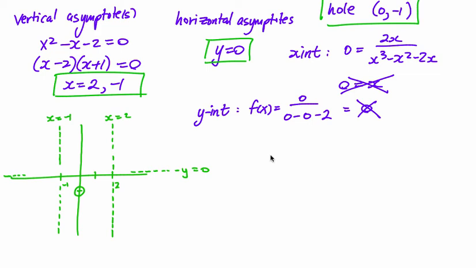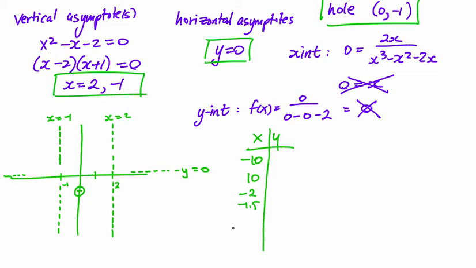And so now I go and create a table of values, and my suggestion is explore points really low and really high. 10's probably fine. But you also need to explore some points near these asymptotes. So you might want to explore what negative 2 and negative 1.5 do.